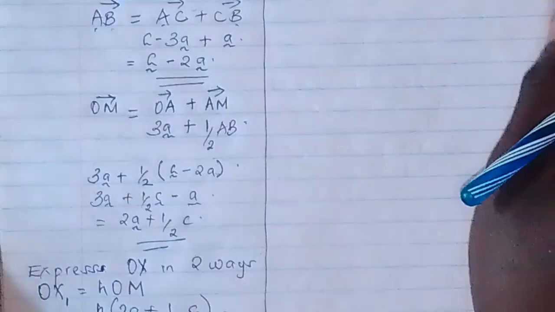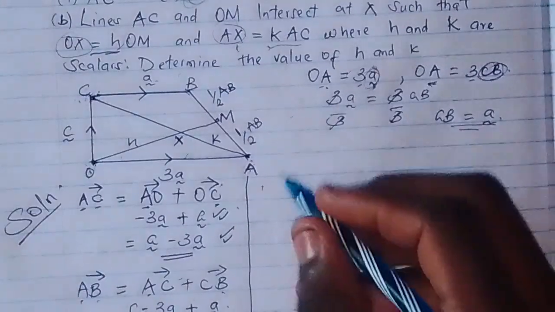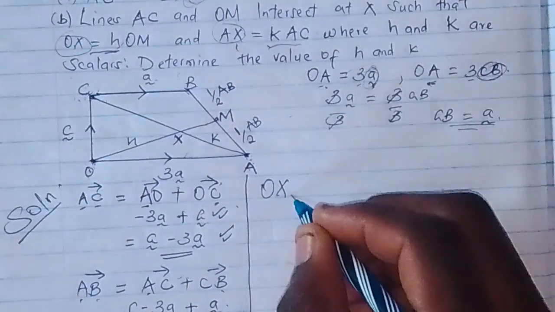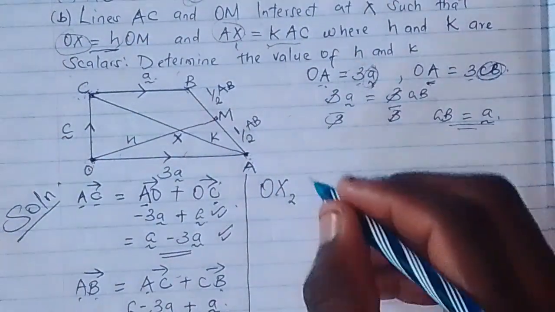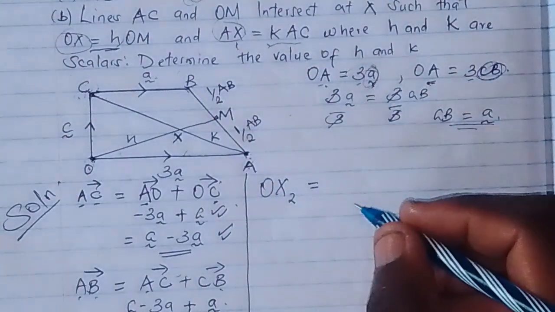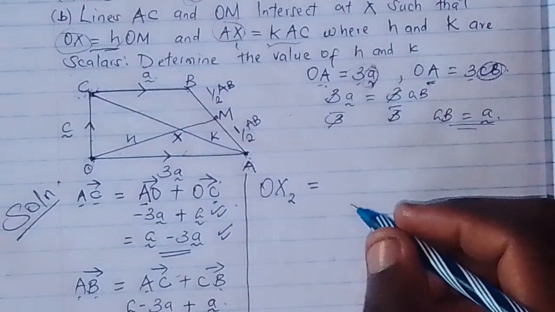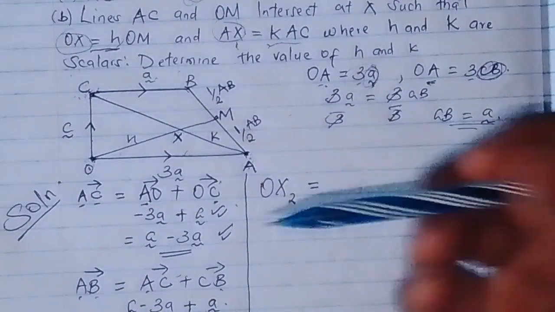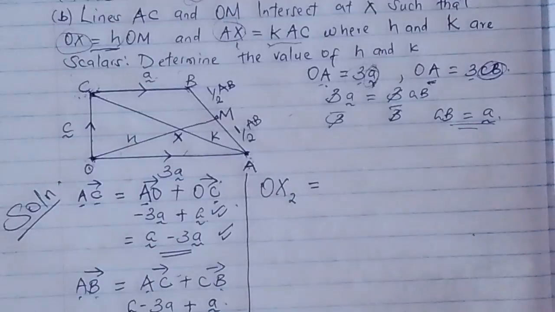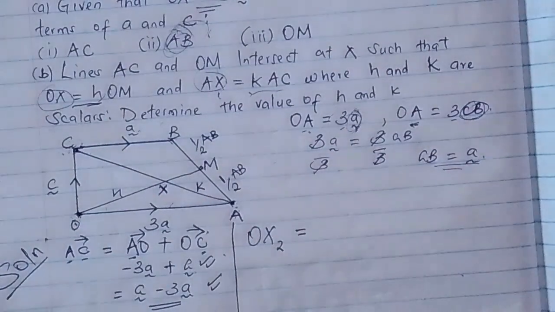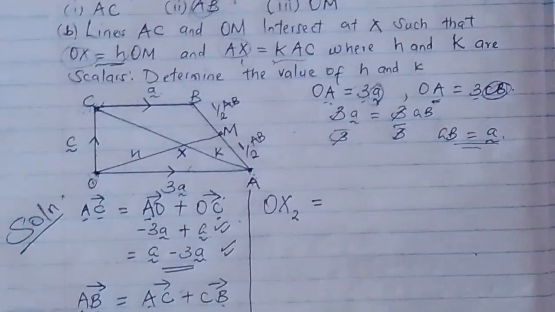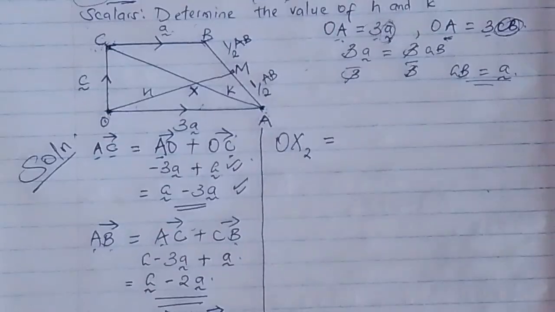Then now OX expressed in the second way. Let us call it OX2. I've said that OX1 is the direct route. Now OX2 is the route where we are going to include AX.